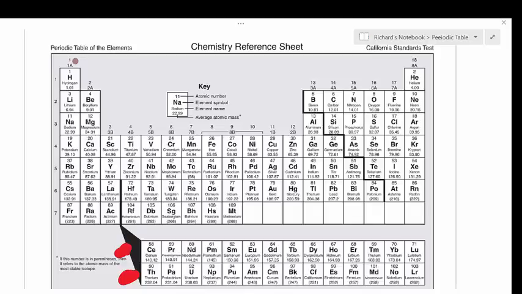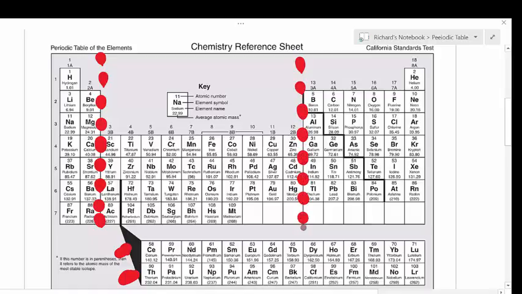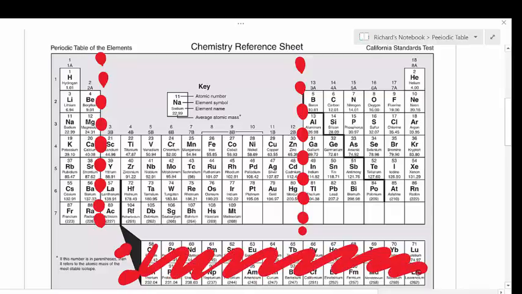First of all, I'm going to draw some dotted folding lines on this periodic table. So I'm going to draw one folding line, like so, and another folding line, also, like so. I am not going to worry at all about those guys.